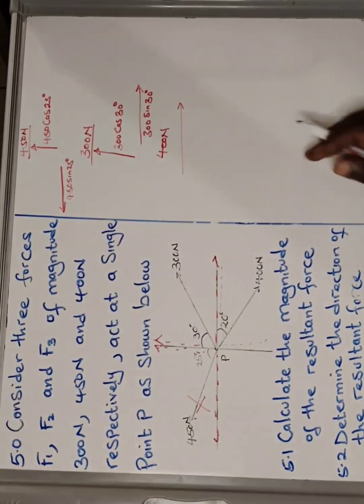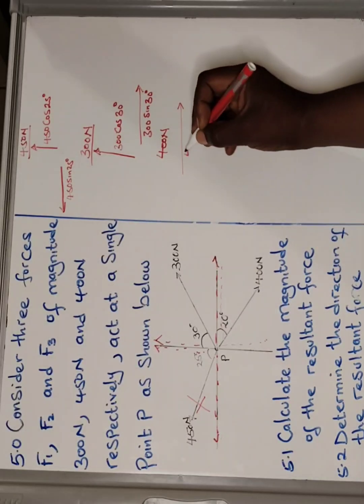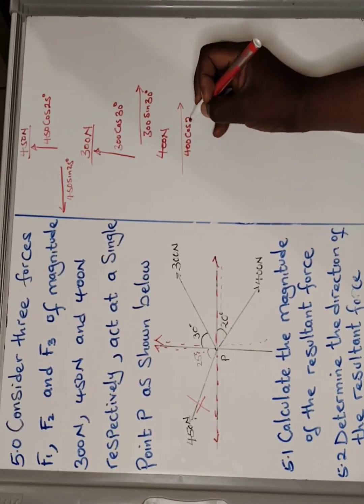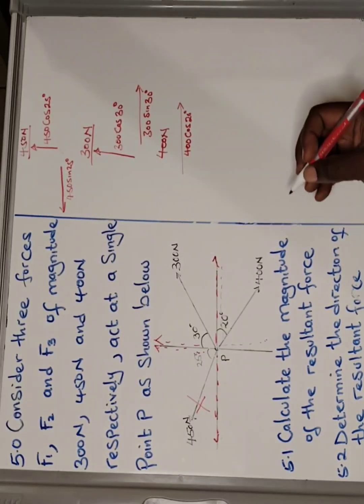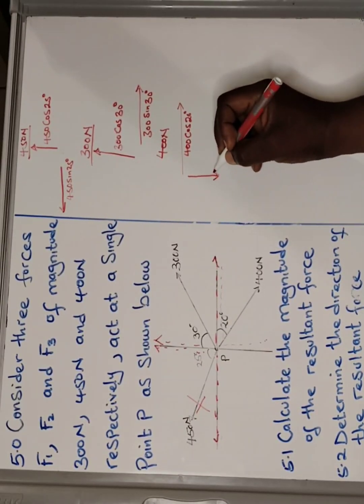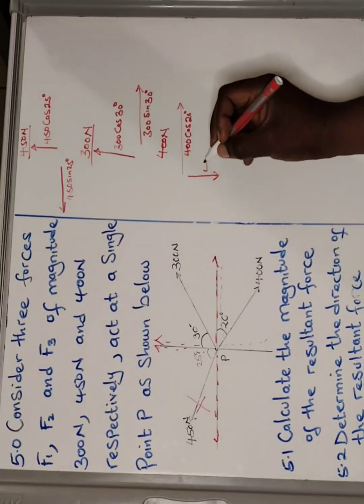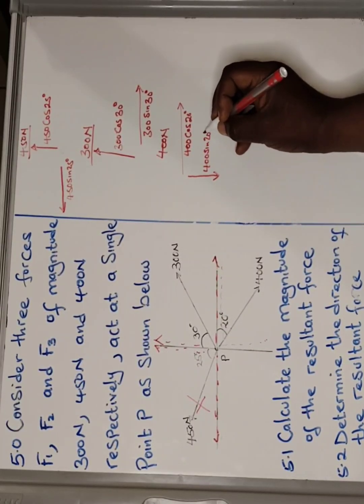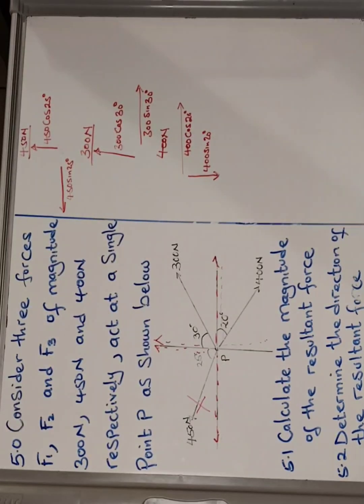This one is next to the angle, so it's going to be 400 cos 20 degrees. And this one is going to be 400 sine 20 degrees.